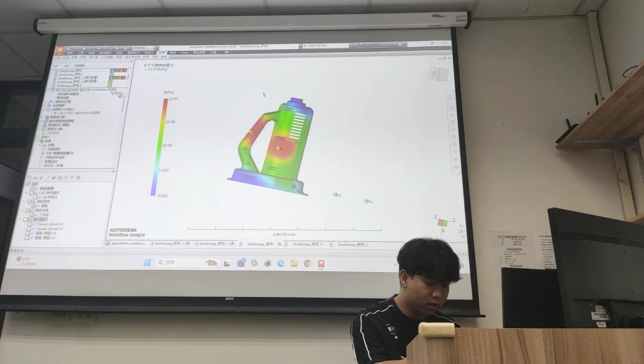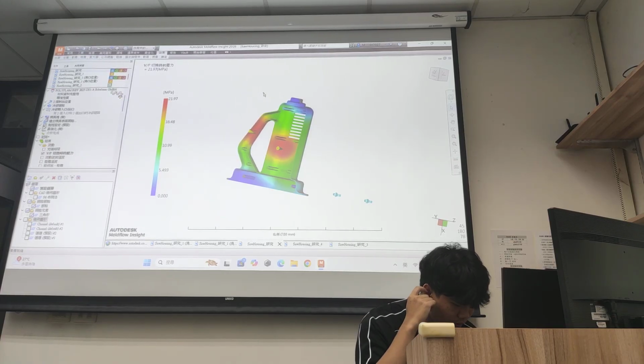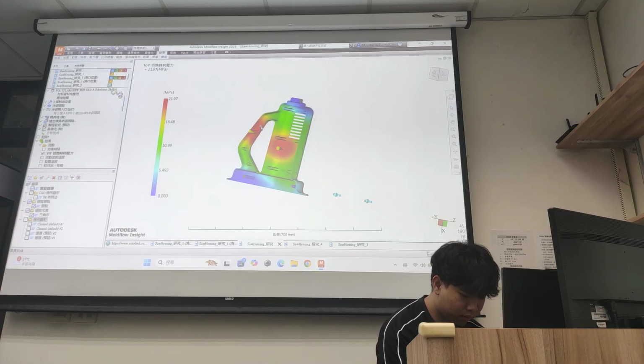This is a relatively low pressure and well within the machine limits, indicating we will not face any short shot issue due to pressure constraints.